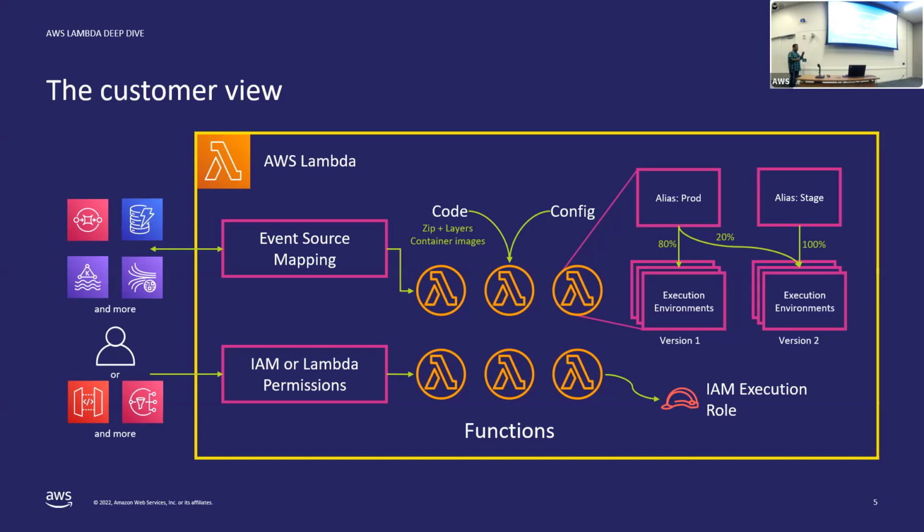It gets the zip file, gets the layers or the container image, figures out what the configurations are for that Lambda function, and then it figures out what execution environment it should pull to make sure that the event or request that is coming in is handled.